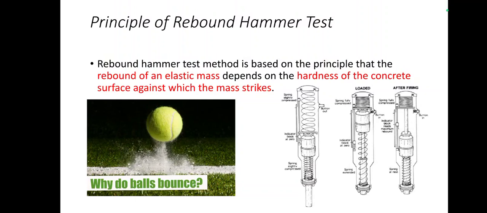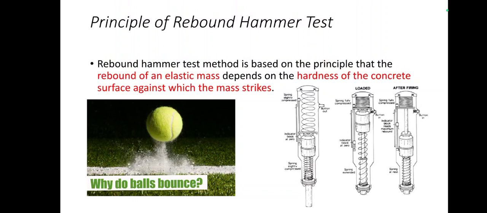If we hit it with the same force on a concrete surface, or a rock, the rebound will be more, because the concrete is harder compared to the soil. With this basic principle we can apply it to the concrete surface. If the concrete is weaker the rebound will be less, and if the concrete is stronger the rebound will be more.